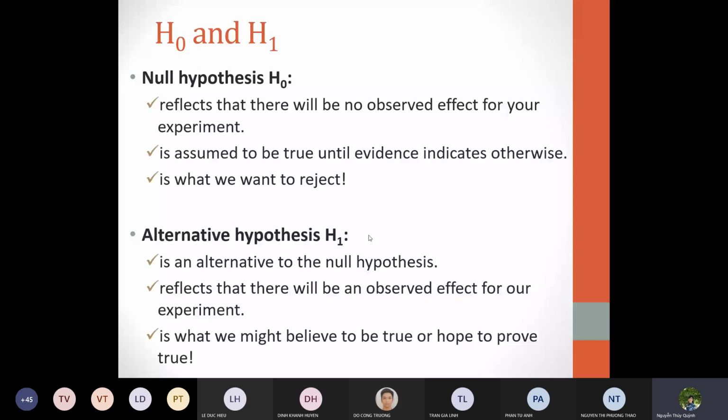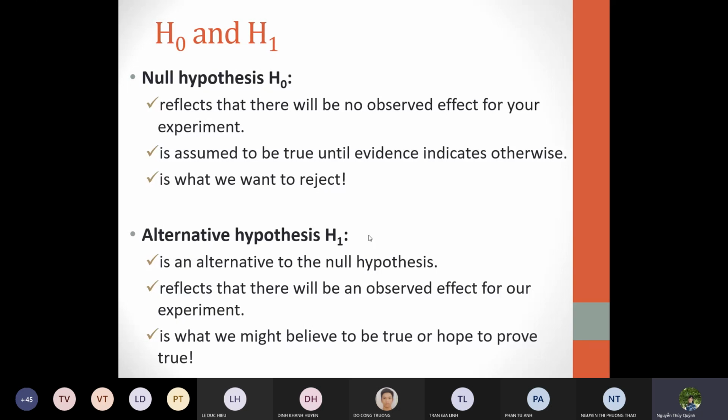Remember that both the null hypothesis H0 and the alternative hypothesis H1 are about the unknown population parameters. In contrast to the null hypothesis, the alternative hypothesis usually reflects that there will be an observed effect for our experiments, for our sample analysis.